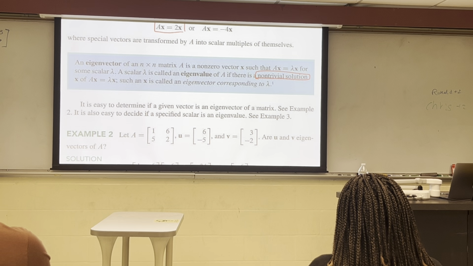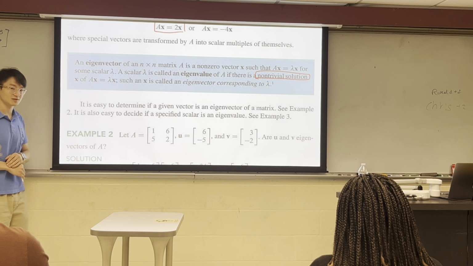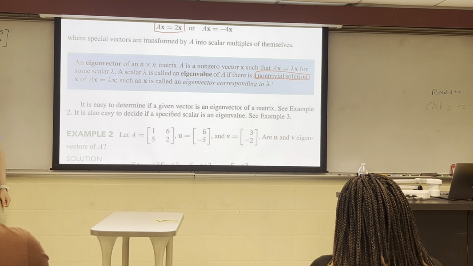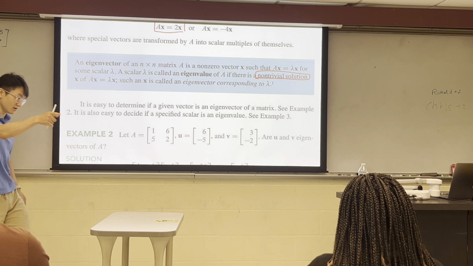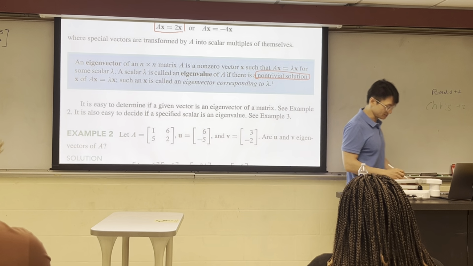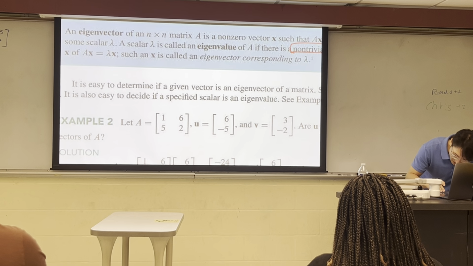What would be the proper way to verify this? You just did it. Find AU and AV and then see if they are scales of U and V. Great, yes. So let's try it.